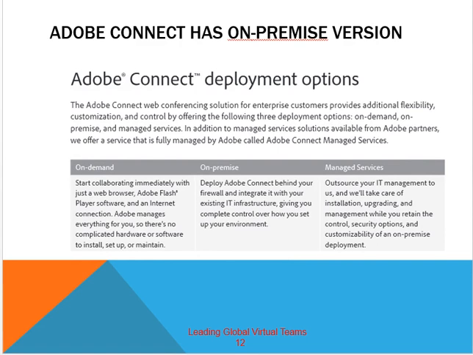You've got on-premise, where you deploy it behind your firewall and you manage it, and that may be a mandatory policy for you or your clients, especially if they're government clients. And then they've got managed services, where they take care of installation, upgrading, and management while the organization maintains complete control and has the full security options.